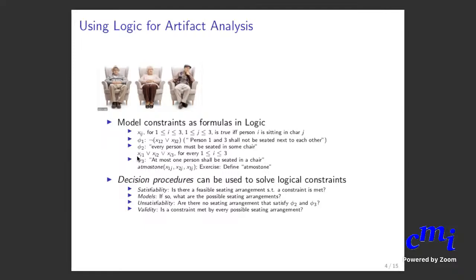Is that clear? So the question, is there a feasible seating arrangement that simultaneously satisfies all these constraints, is one of actually checking if there is an assignment to these variables that makes phi1 and phi2 and phi3 true.